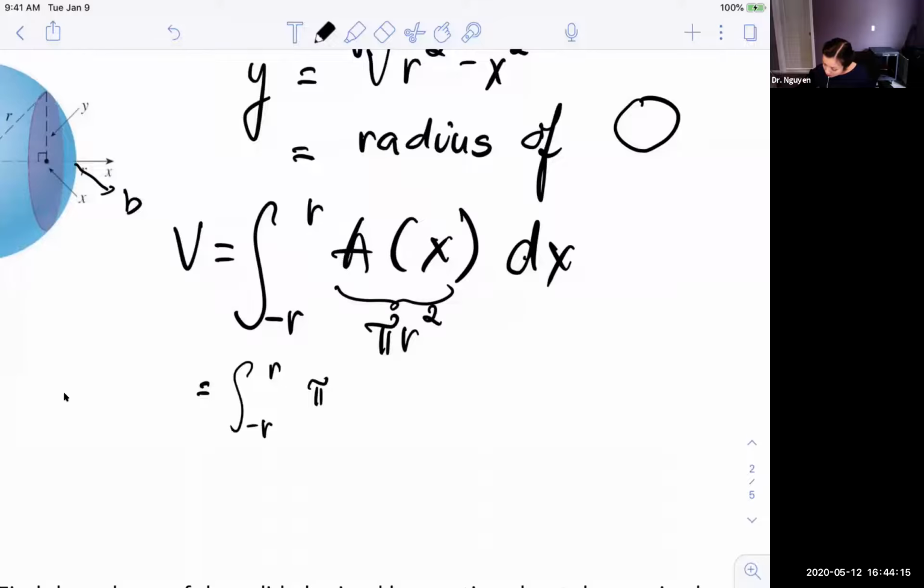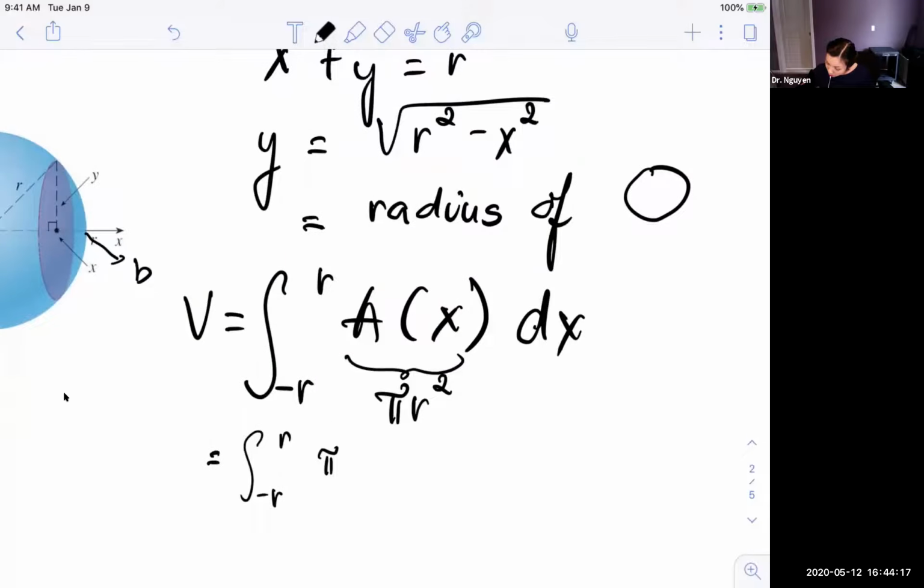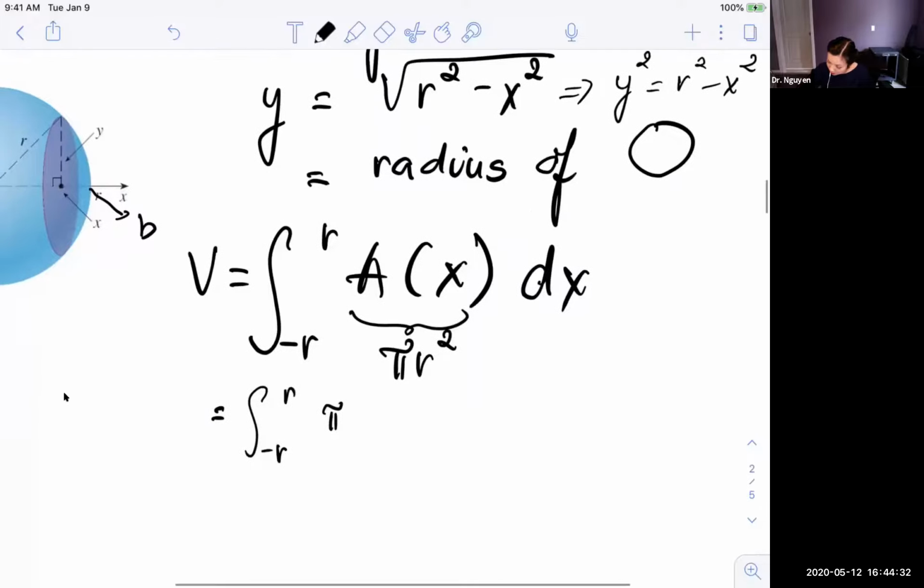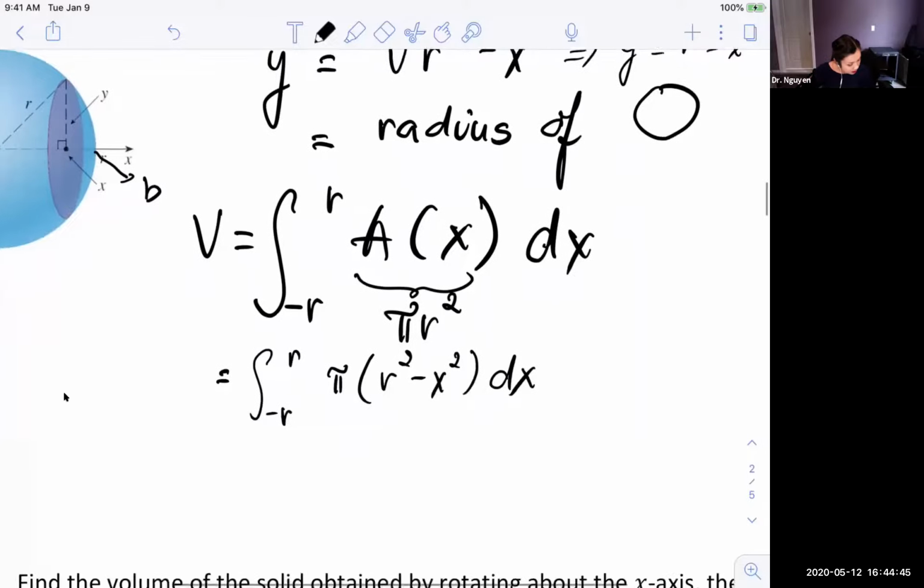We know that y squared is going to be r squared minus x squared, right? So I'm going to plug it in. It's going to be pi times r squared minus x squared dx. And then we integrate it.